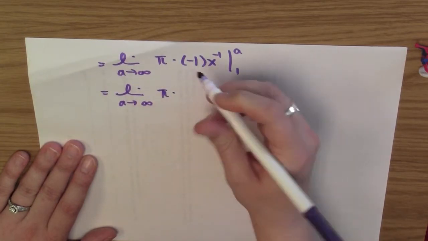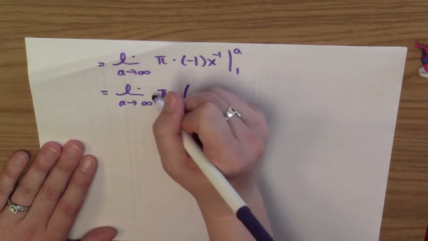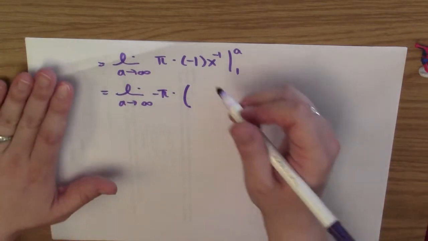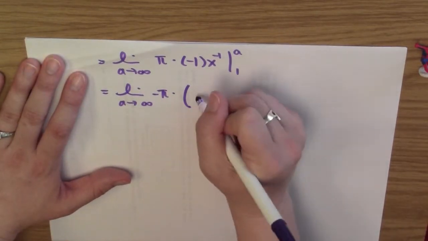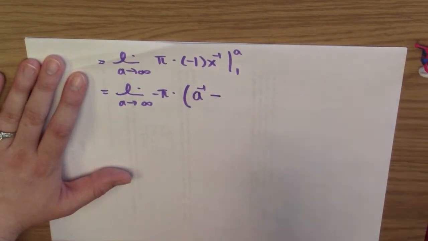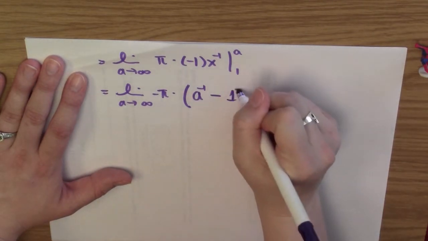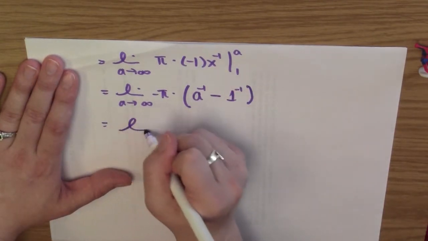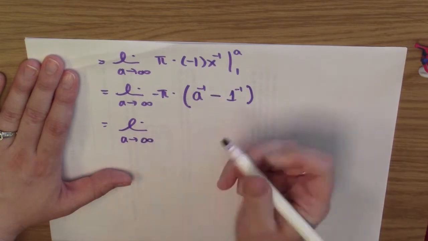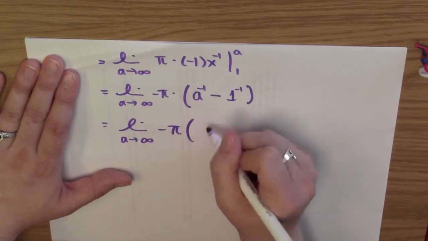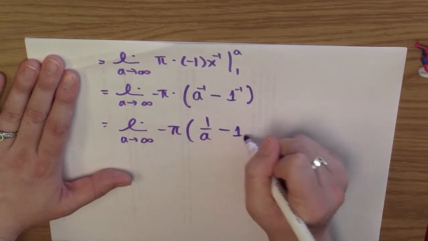I have pi times -1, so maybe we'll put negative pi. So then this is x to the -1, so I have a to the -1 minus 1 to the -1. So this is the limit as a approaches infinity of negative pi times 1 over a minus 1.